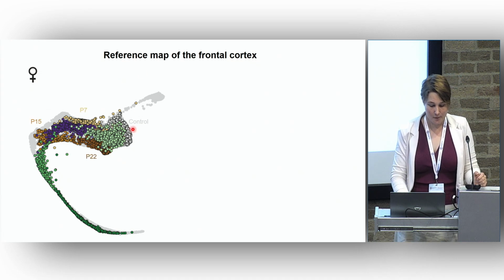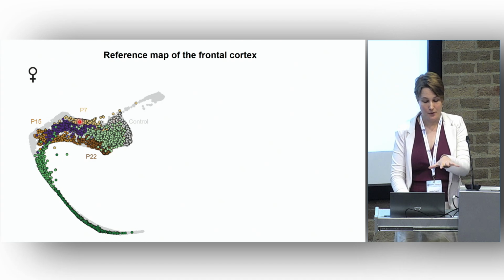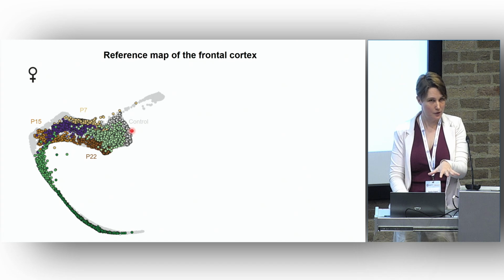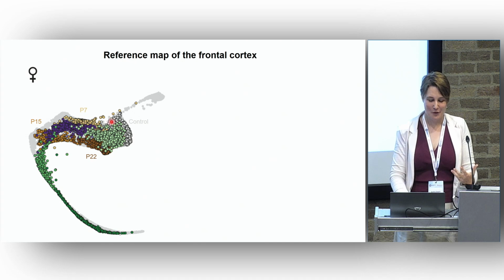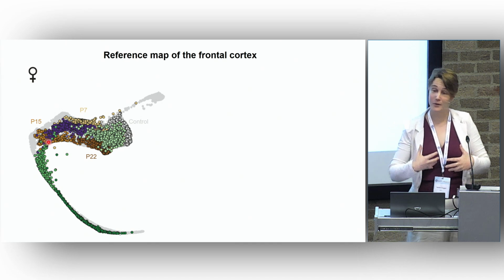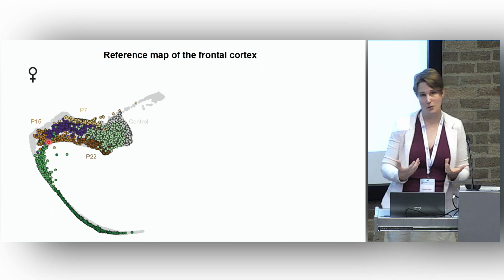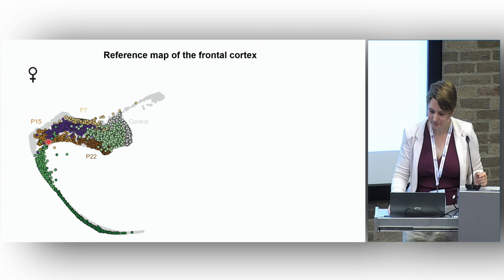In development, you see that the microglia move morphologically to P7, P15, and then P22, and then go back toward the control. So at P7 they are closer to the control morphologically than at P22, and then P15. And P15 is a time point where a lot of synapse remodeling is going on in the cortex.